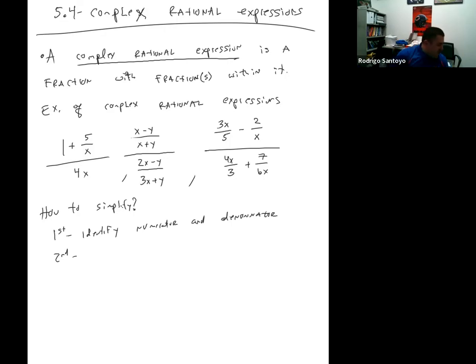After you identify them, rewrite the problem as a division problem. And now from there, it should be easy. You just follow the steps that you've learned in the past.